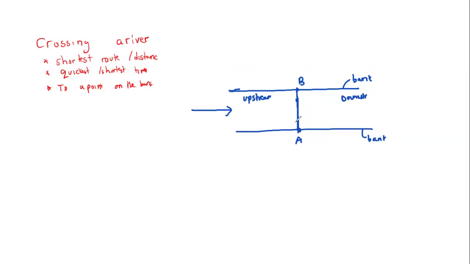Now, if you want to cross this river using the shortest route, you need to ask yourself, which route am I going to take? That is the first question you are going to ask. So if you are to reach this using the shortest route, what does it mean?